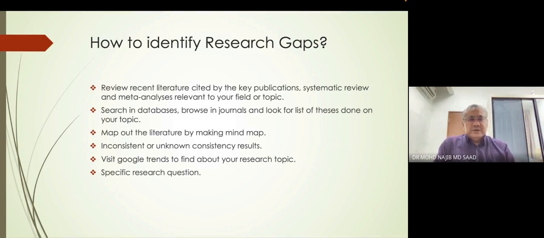You can also go for mind mapping. You map the issue or the area of interest, and this mind mapping will direct you to identifying the research gap of a particular topic or interest at present.